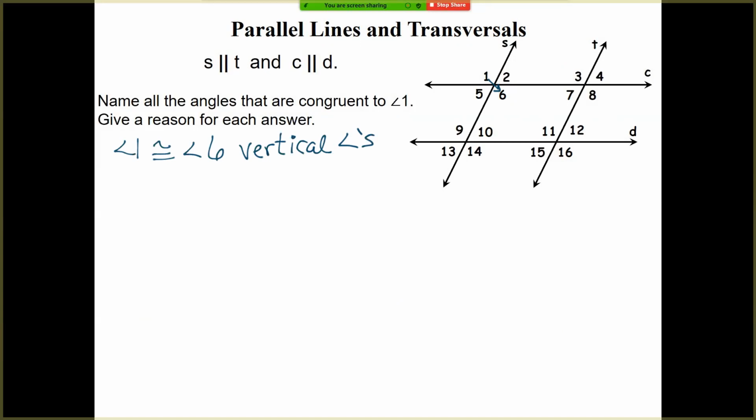So there's one pair. So I know this is congruent to this. I also know that angle 1 is congruent to angle 9 because they're corresponding.